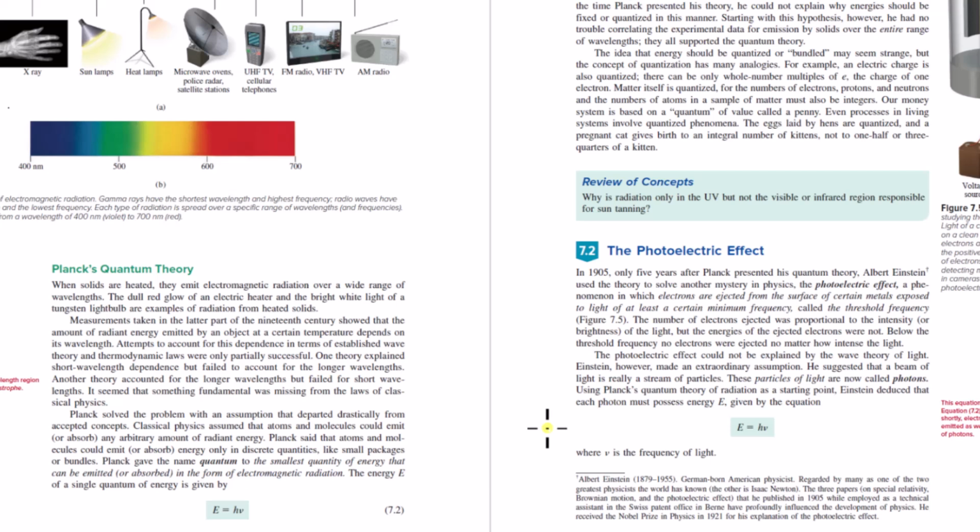And so again, Planck said that the energy of the electromagnetic radiation emitted could only have certain values. Einstein said that light, so that's electromagnetic radiation emitted from black bodies, but also just light in general, is made up of individual packets that he called photons.